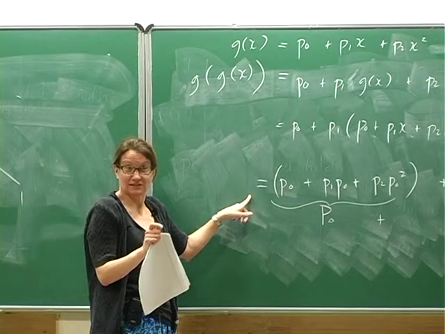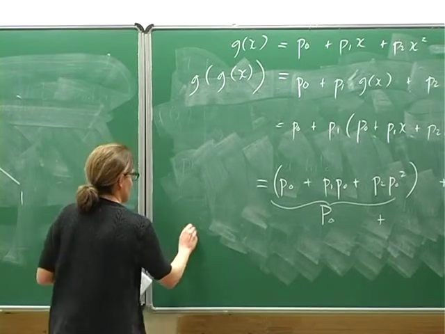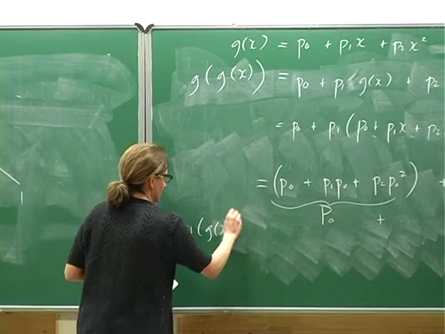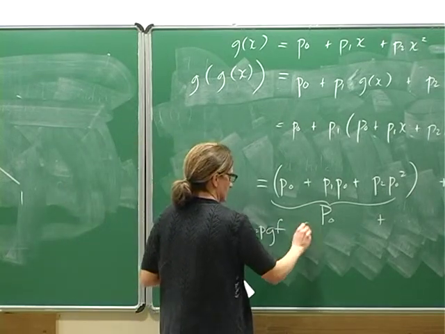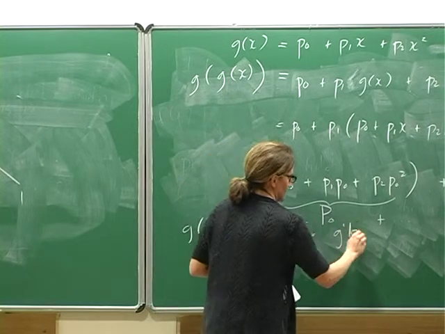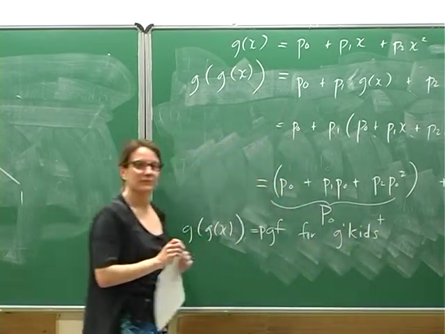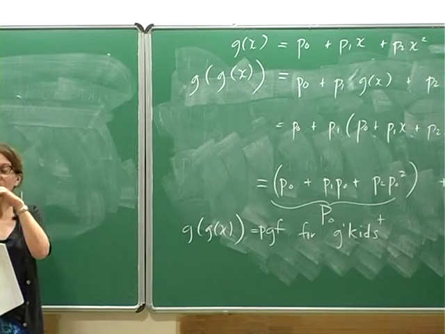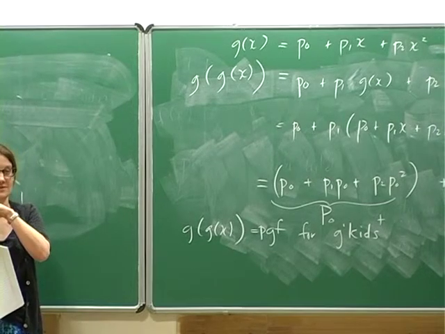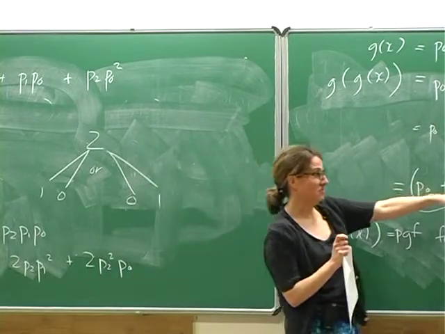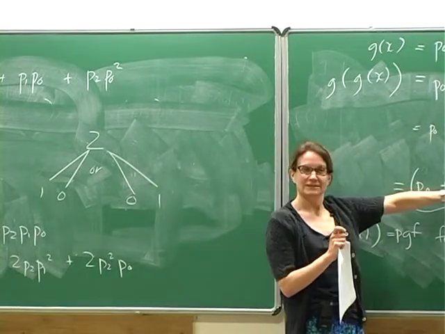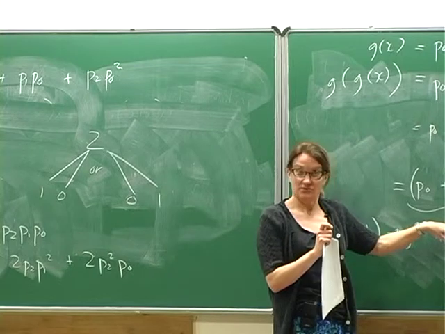Yeah, exactly. So we get that g of g of x is a PGF for the number of grandkids. Okay, so what's the probability that there are no grandkids in this lineage? Yeah, evaluate this at 0, or just P0. We already know that.